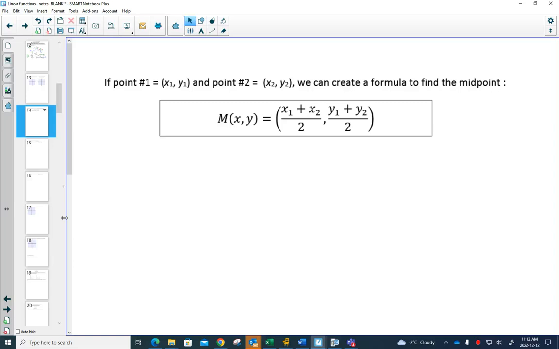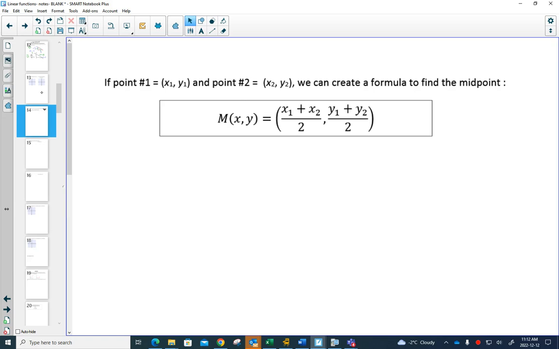If you just decide, I'm going to memorize this formula, and it doesn't make sense to you, chances of remembering it are very bad. So we always try to have things make sense to us, because it helps us not only do the questions. If you've done math and you're like, oh yeah, this makes sense to me, it's pretty easy, right? And you've probably done math and you're like, this makes no sense to me, and then you can't even start.